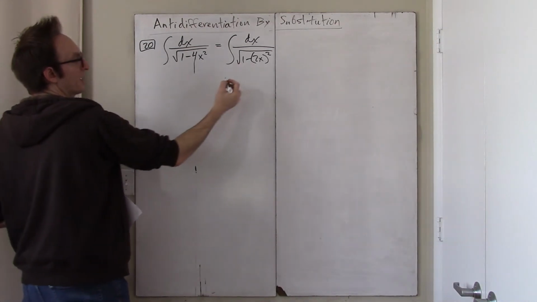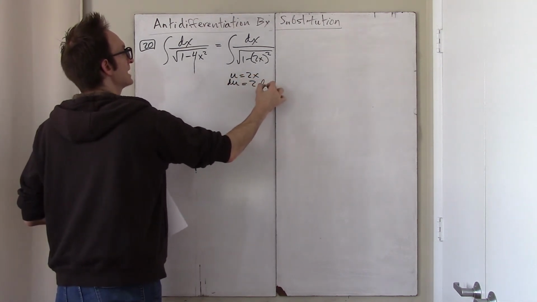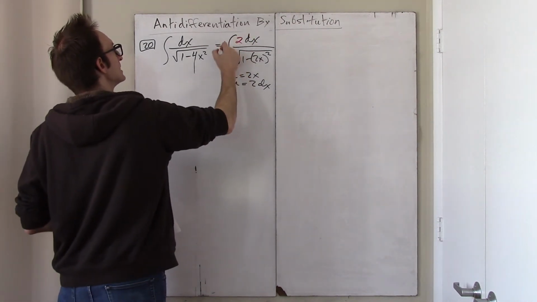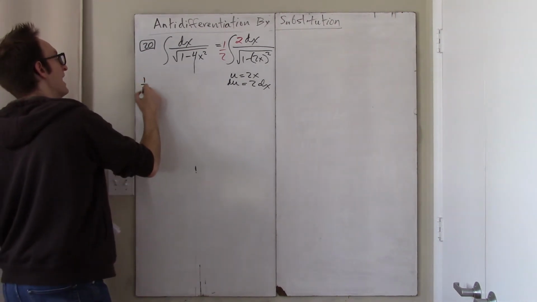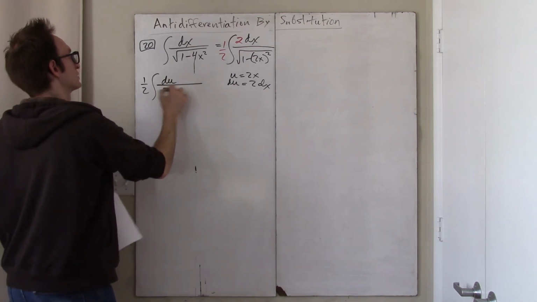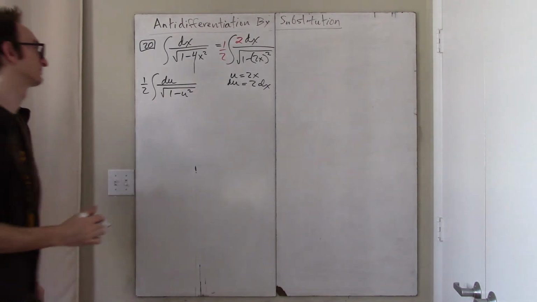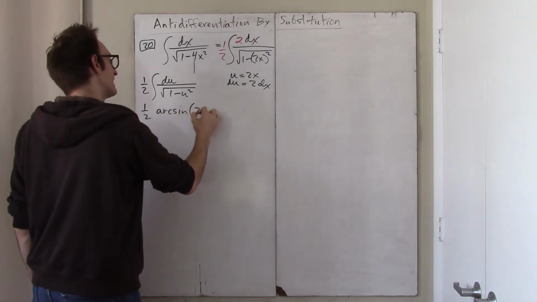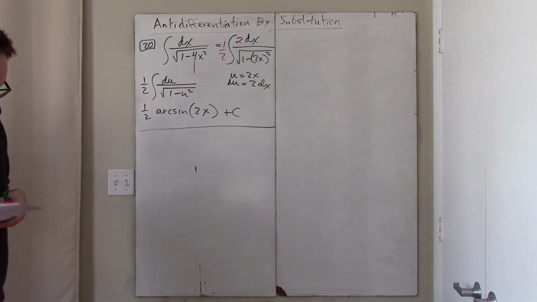So let u be 2x, du is then 2 dx, I stick that in, I undo the damage, and we therefore get 1/2 antiderivative du over root 1 minus u squared. And this just is the derivative of arcsine. So this whole problem becomes 1/2 arcsine 2x plus c. Alright, so that was not so bad.